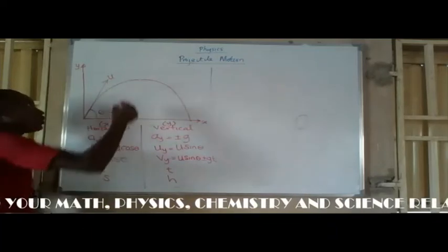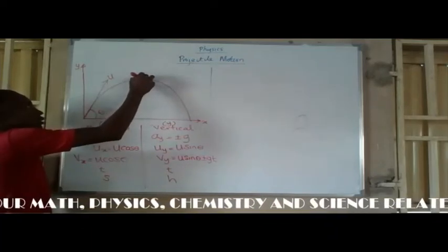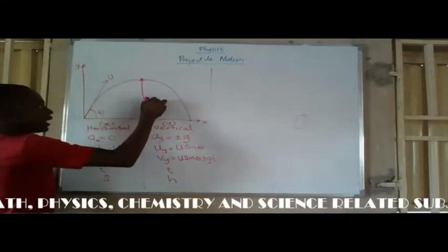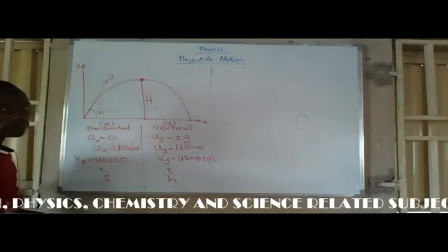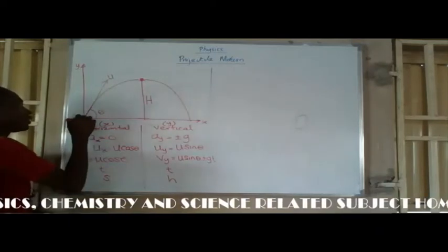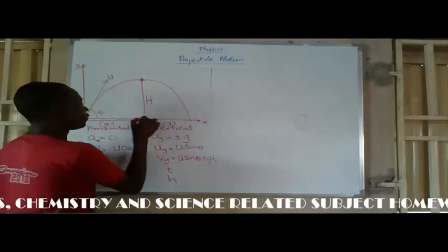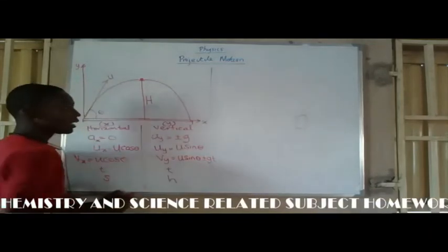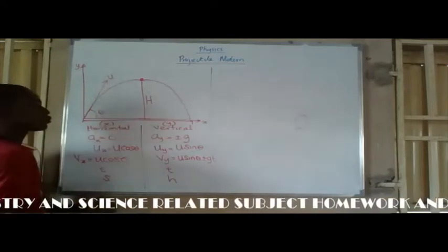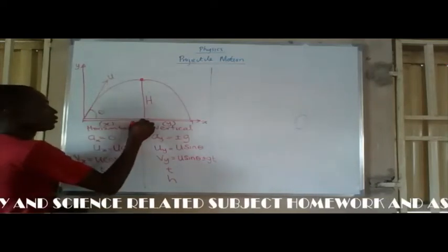The point where it reaches the highest point is called the maximum height. We denote that with a capital H. And then the distance it covers when it lands back at the same level from which it was projected is called the range.